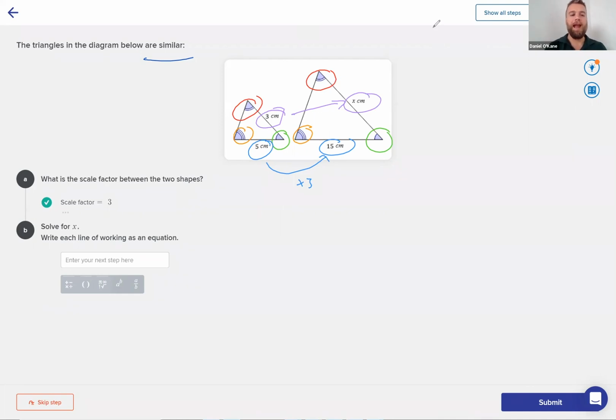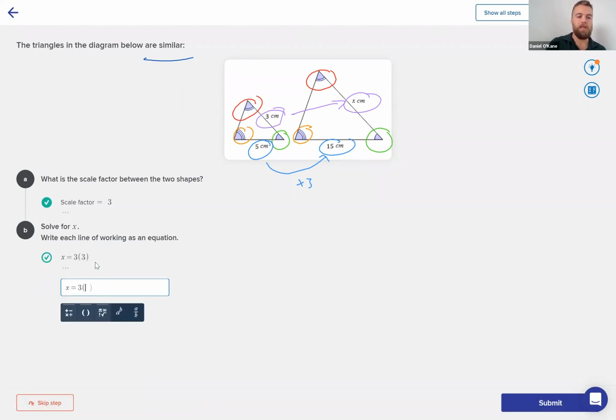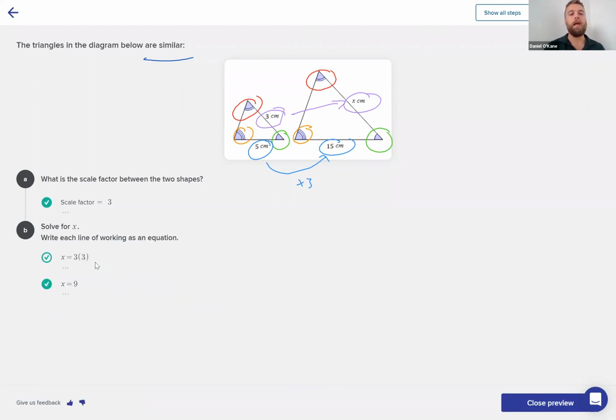So x has to be equal to that scale factor of 3 multiplied by the 3 centimeters. So x is going to be 9 centimeters. So that's correct, Remy. That's how you can now use this concept of similar figures to help you find missing dimensions. All right, very good.